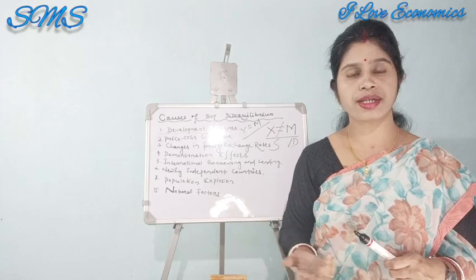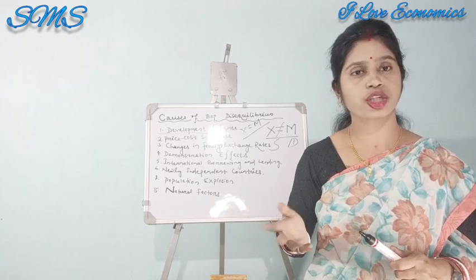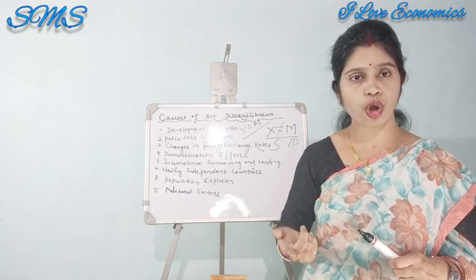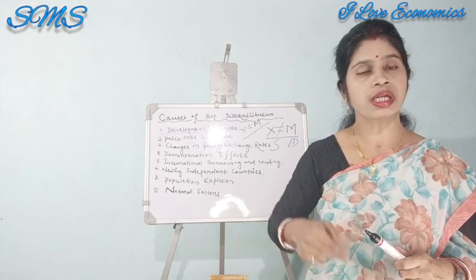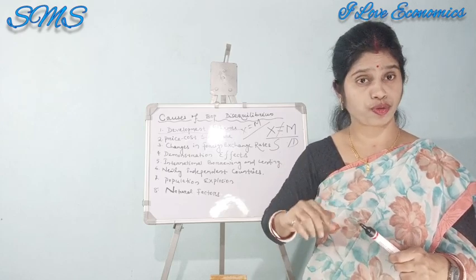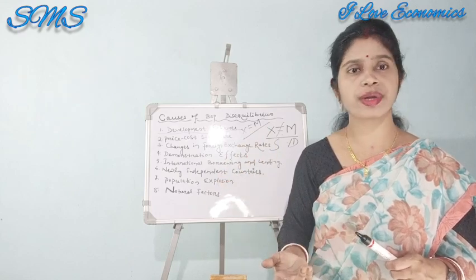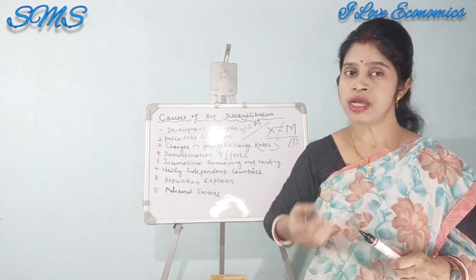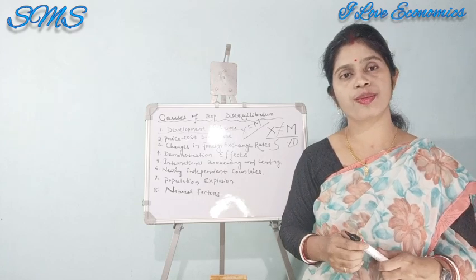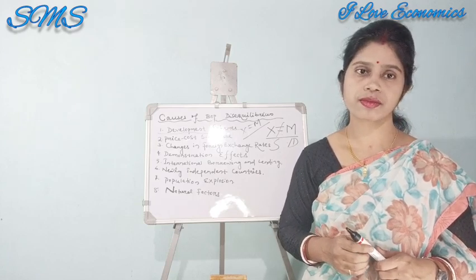So when price rises, the demand for the product will fall. So exports of these countries will decline. So export falls and import rises. So balance of payment will be in disequilibrium, and especially this is known as unfavorable disequilibrium of balance of payment.